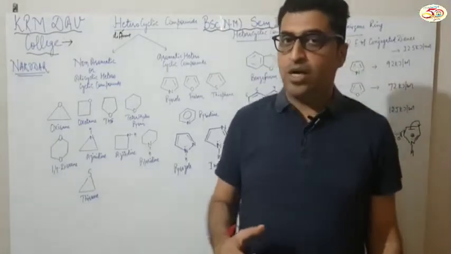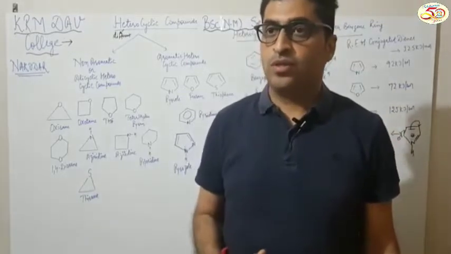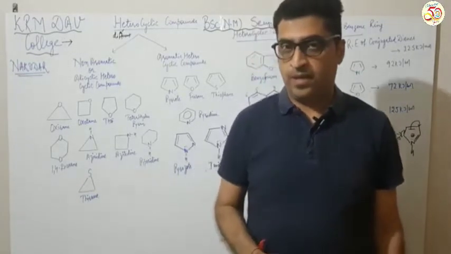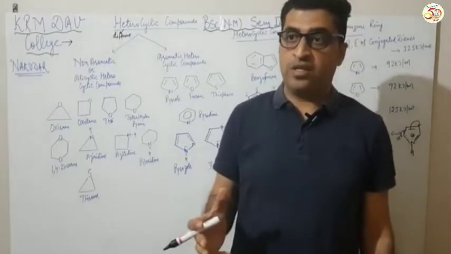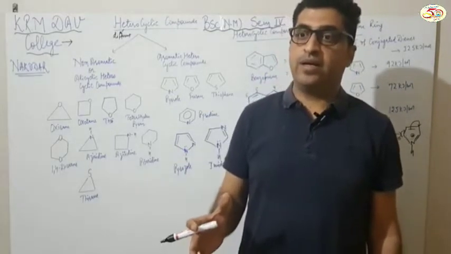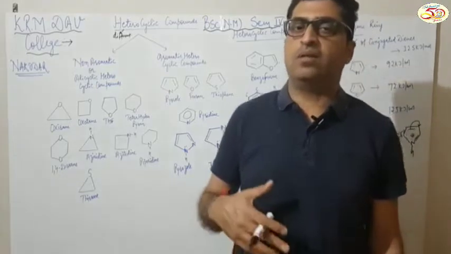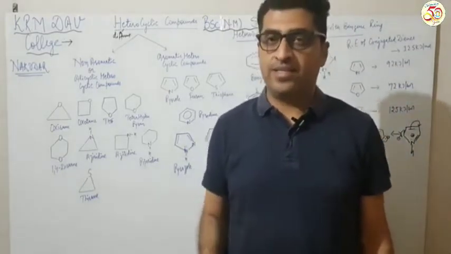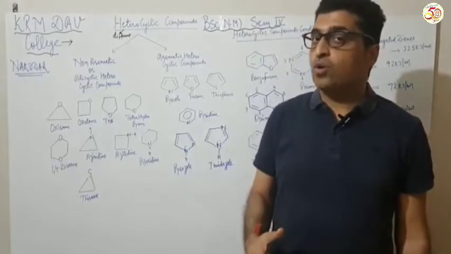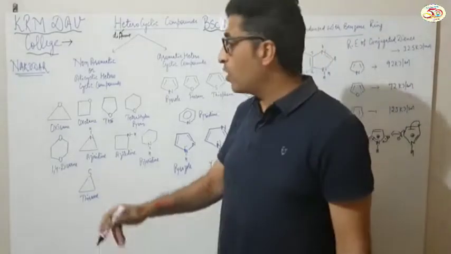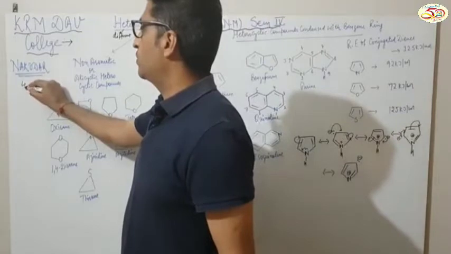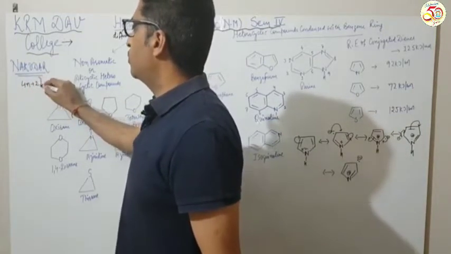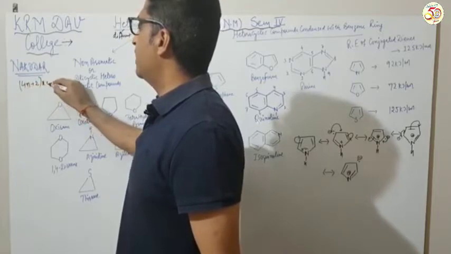Aromatic compounds are those compounds which follow Huckel rule, and we already have knowledge about this from our previous classes: those compounds which follow Huckel rule, that is the 4n plus 2 pi electron rule.